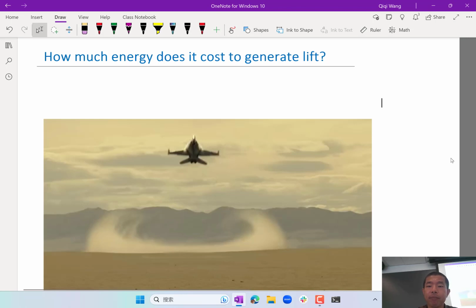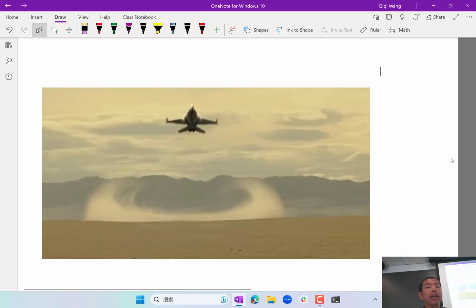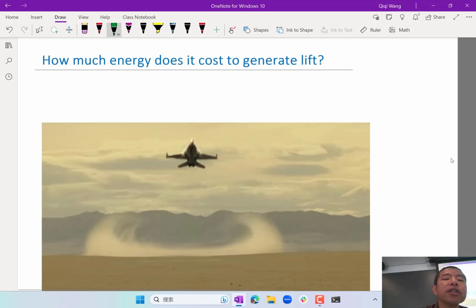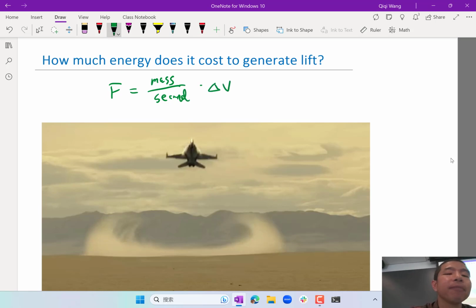Okay, so finally, let's actually look at how much energy it costs to generate lift. We have already seen that the force it takes is equal to mass per second times delta V, right?